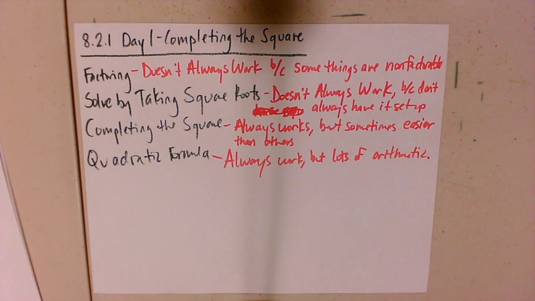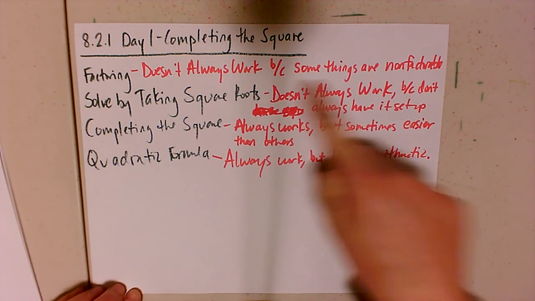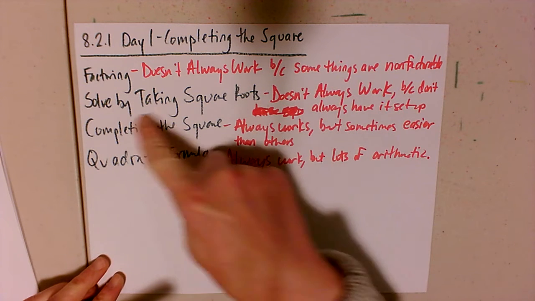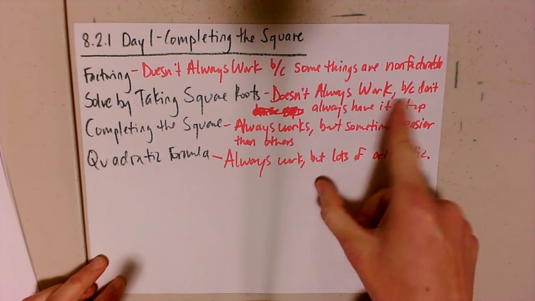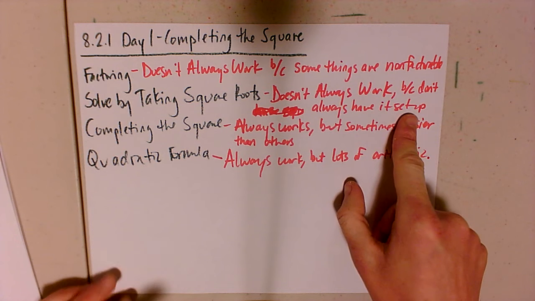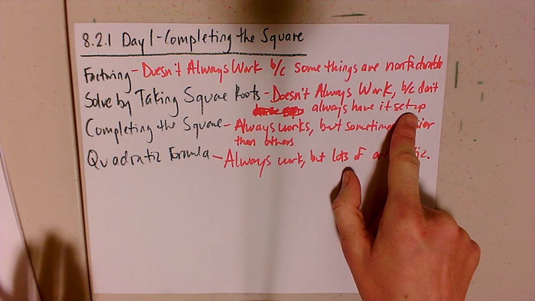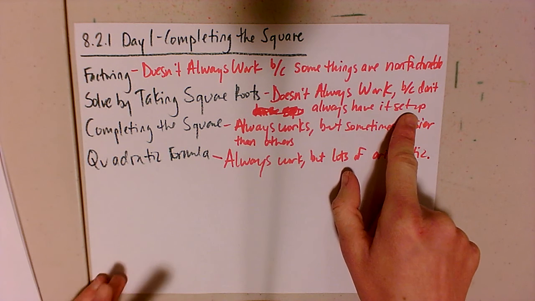So factoring doesn't always work because some things are non-factorable. Solving by taking square roots doesn't always work because we don't always have it set up that way. We don't always have a square root that we can isolate.